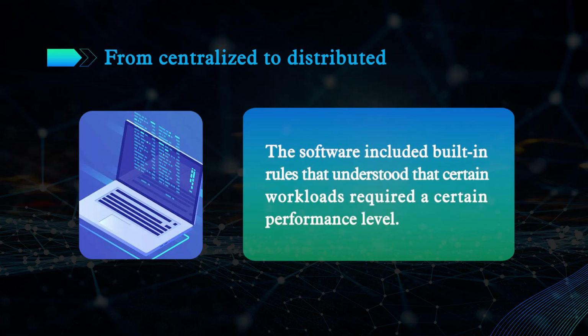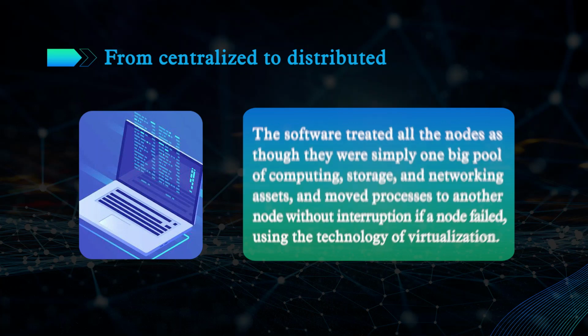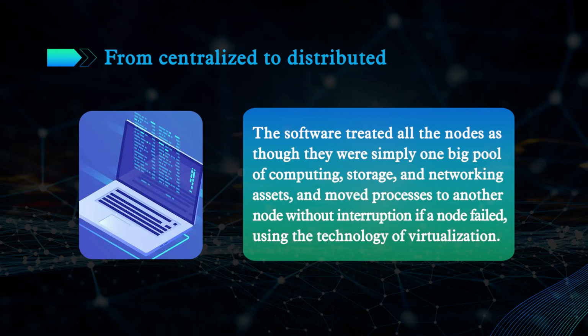The software included built-in rules that understood that certain workloads require a certain performance level. The software treated all the nodes as though they were one big pool of compute, storage, and network assets, and moved the processes to another node without interruption if a node failed, using the technology of virtualization.